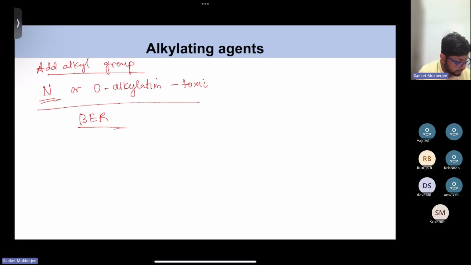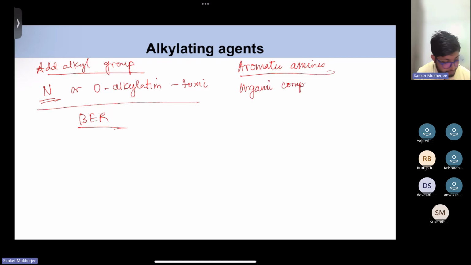Another thing which could happen is aromatic amines. Aromatic amines are basically organic compounds which have a ring with an amine group added to it, right?